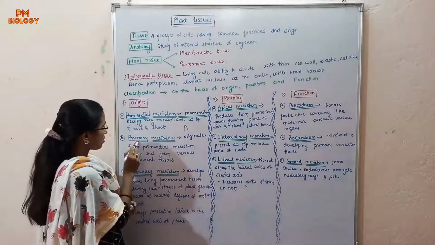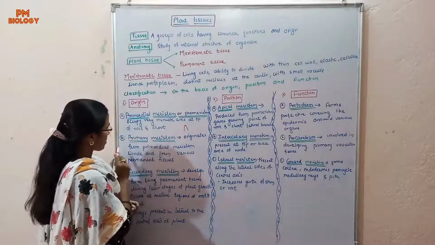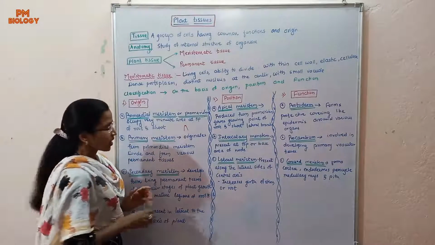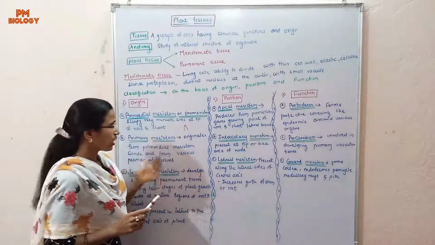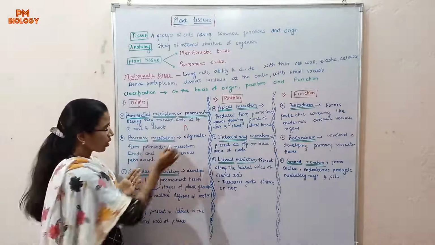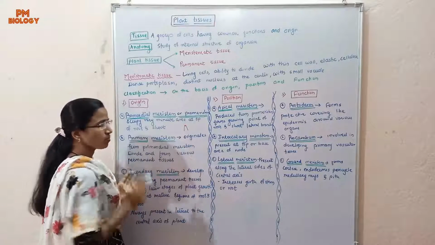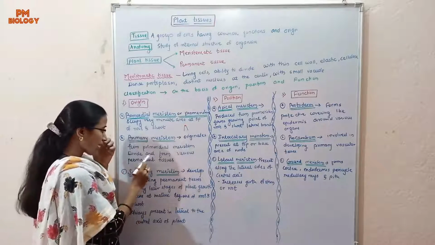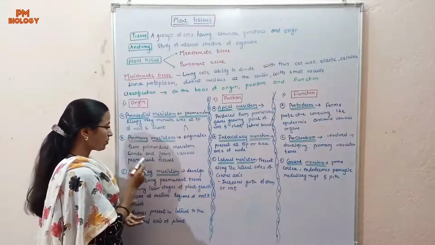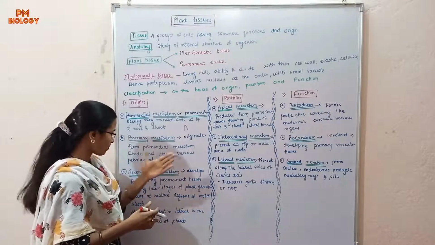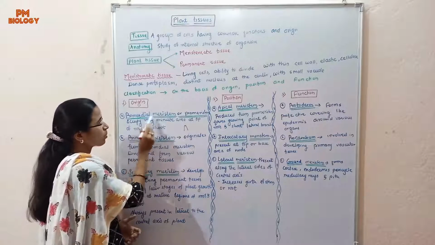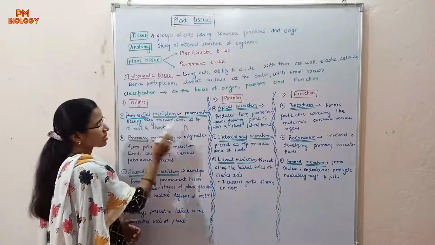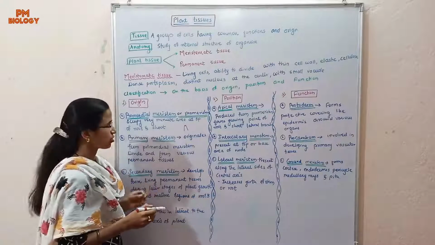And second to that, there is primary meristem. Now these primordial meristem go on dividing and they form primary meristem. They originate from the primordial meristem and whenever they divide they will form various types of permanent tissues.